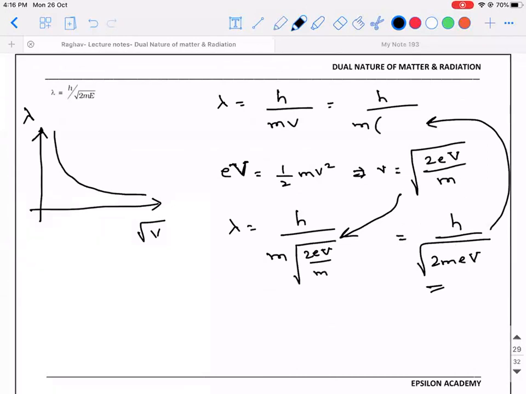When they ask you to plot the graph between the de Broglie wavelength of an electron and the square root of the potential difference applied to accelerate the electrons, it will be a rectangular hyperbola. Okay, I hope it is clear, guys.